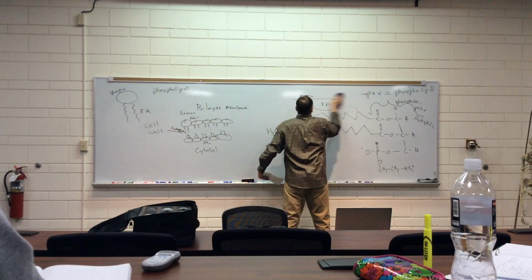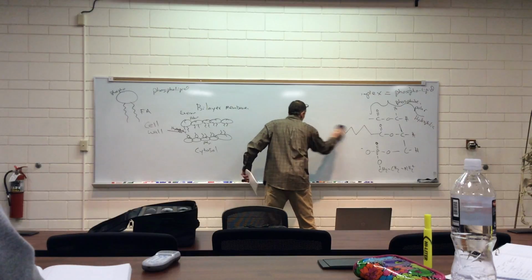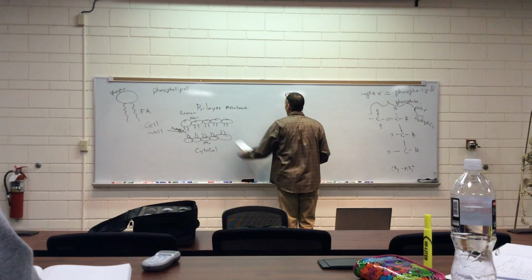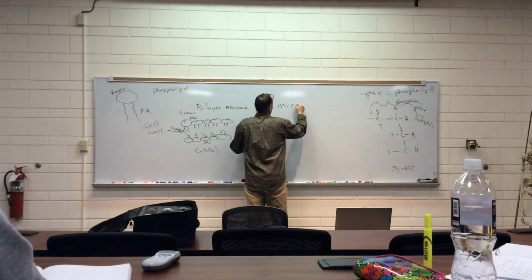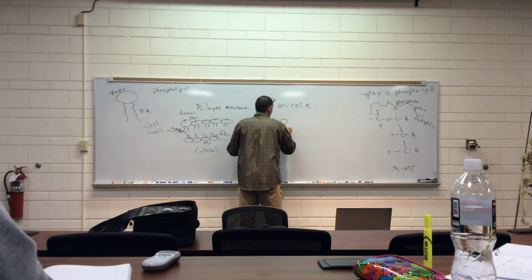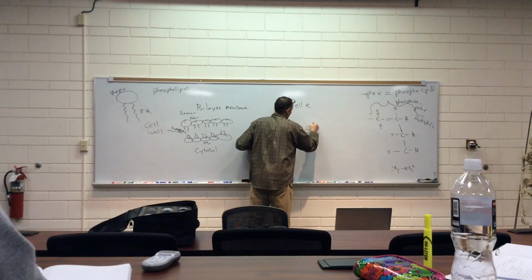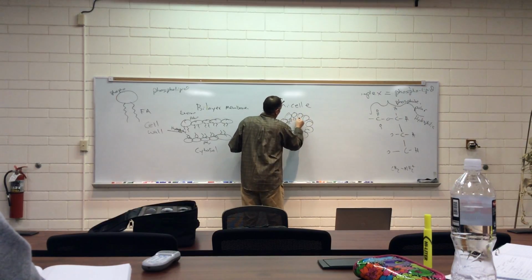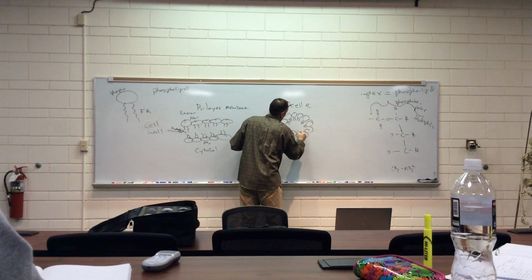Now with single layer micelles, they can be made of both complex and simple lipids, it doesn't matter. What we see rather than with this bilayer, they form these circular micelles. All their fatty acid chains turned in.